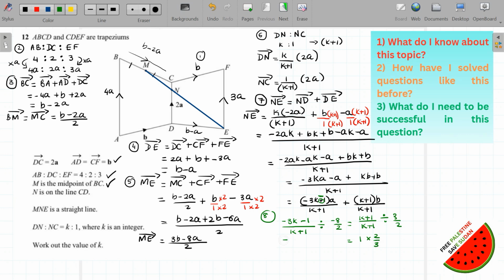Over here, however, I'm going to place these two in brackets as there's more than one term, and I'll multiply by 2 over minus 8. Actually, I'm going to simplify it to 1 over minus 4. So expand it, so I get minus 3k minus 1 over minus 4k minus 4 is equal to 2 over 3.